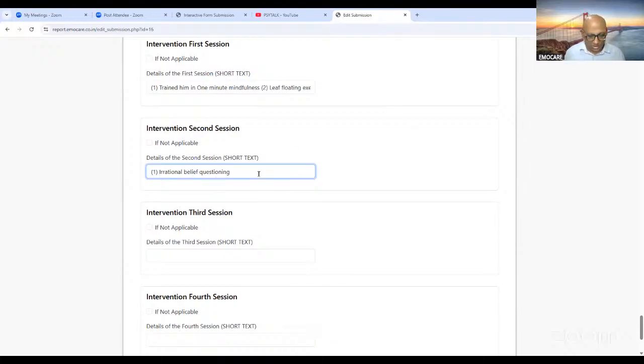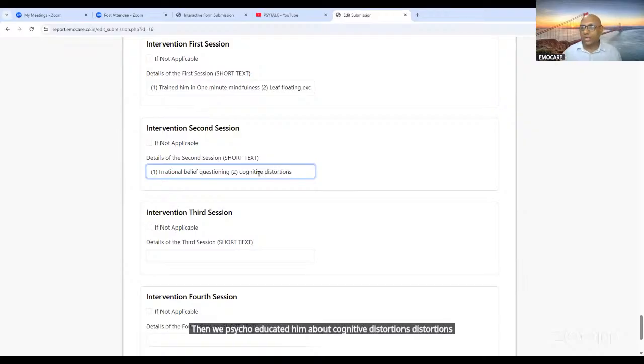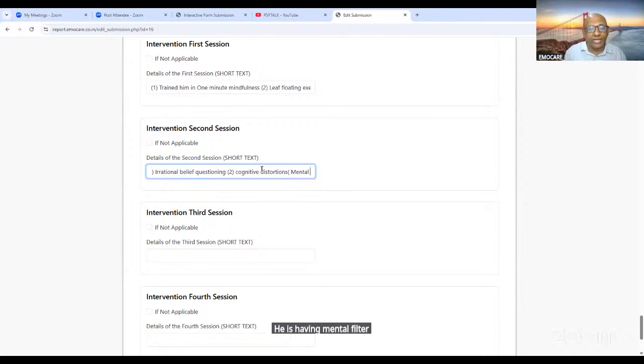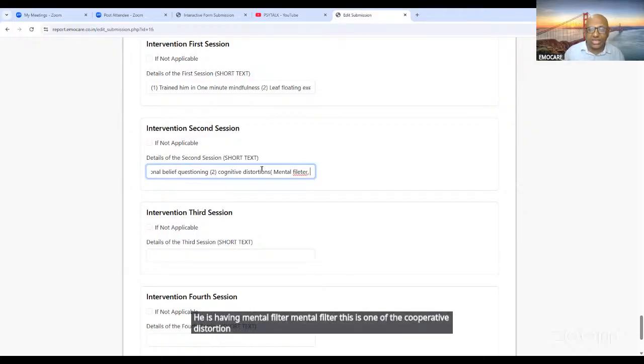Then we psycho-educated him about cognitive distortions. We trained him about cognitive distortions, and he was able to identify that he is having mental filter, which is one of the cognitive distortions.